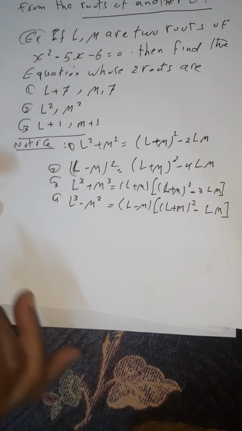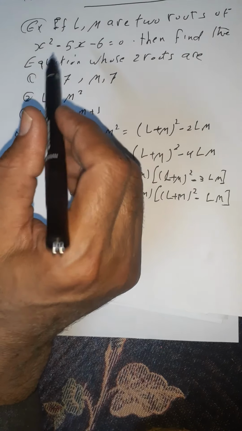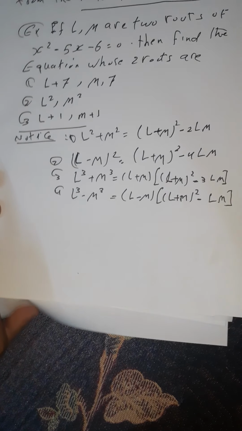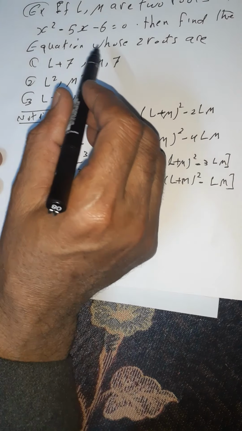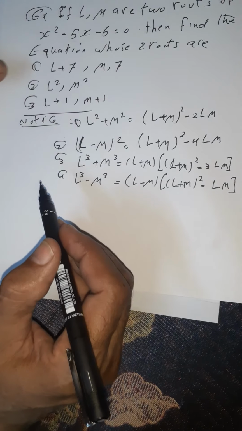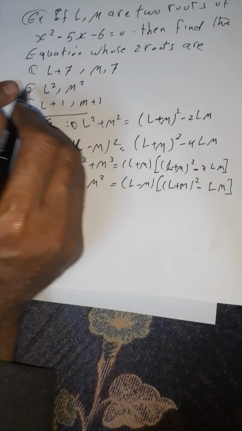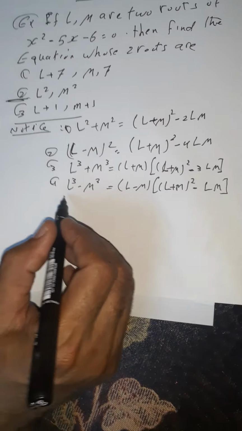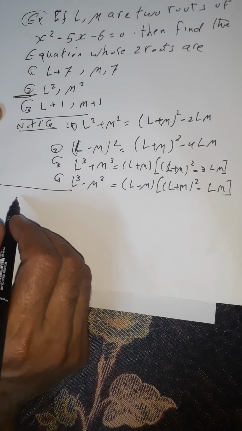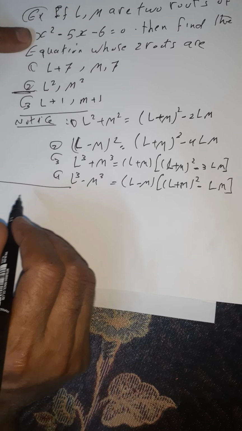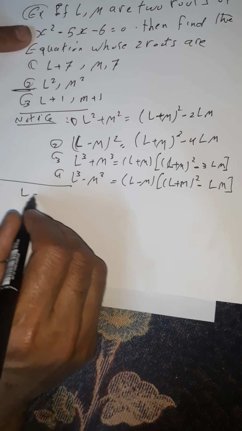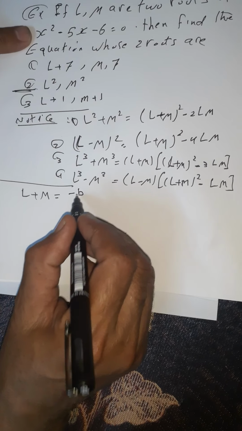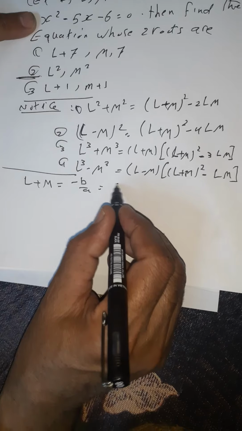You can use the notes to find the equation whose two roots are known from another equation. We can find the equation whose two roots are L power 2 and M power 2. From the given equation, L plus M equals negative B divided by A, equal 5.